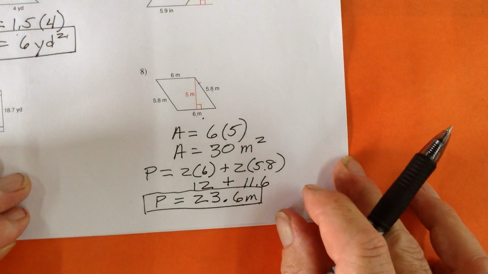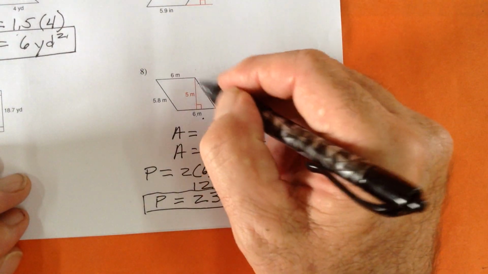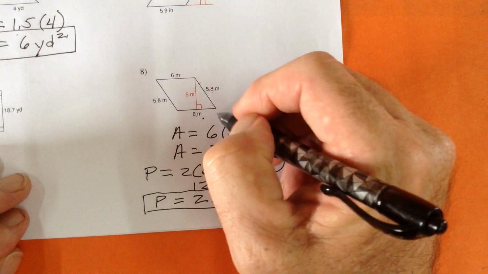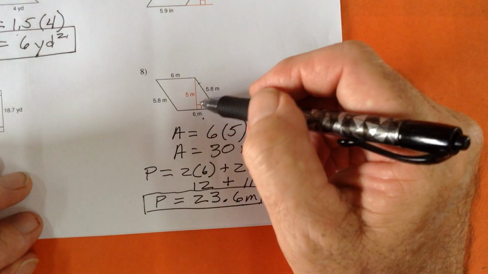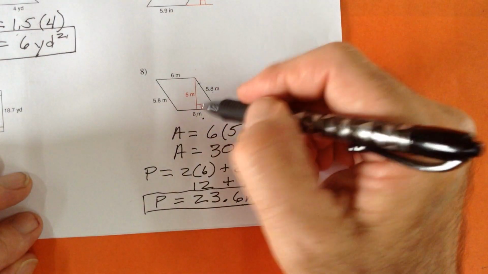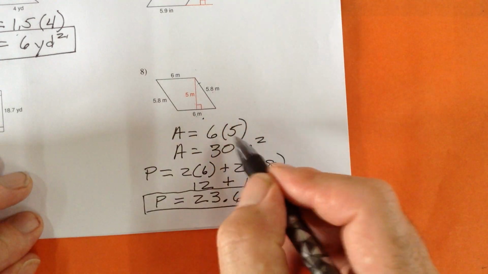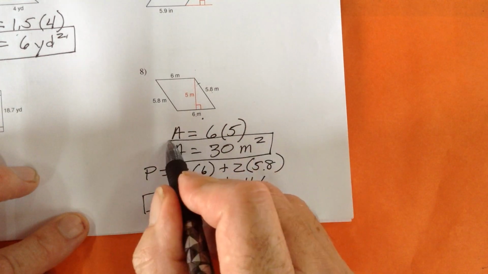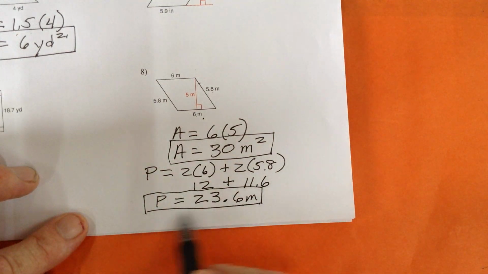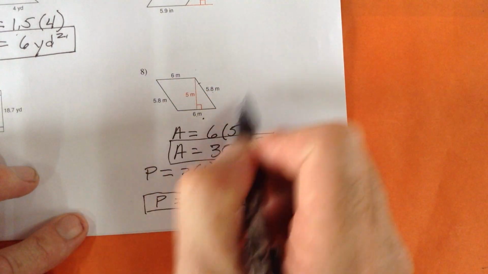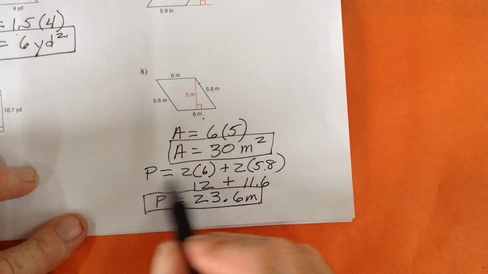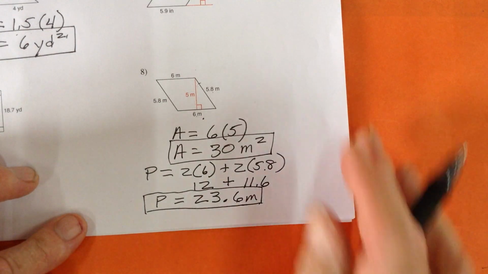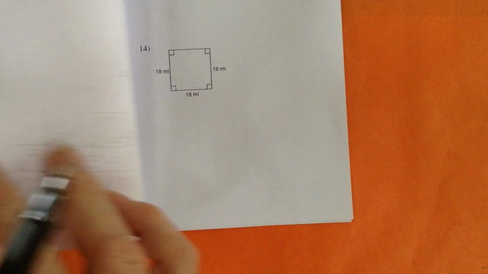But with the parallelogram, the height is going to be different than the line of one of the sides. So therefore, to find the area, you've got to make sure you take the height and multiply it with the base, and that'll give you the area. And then the perimeter, again, you just add up all the sides, or you can use the formula for that. Are there more on the next page?